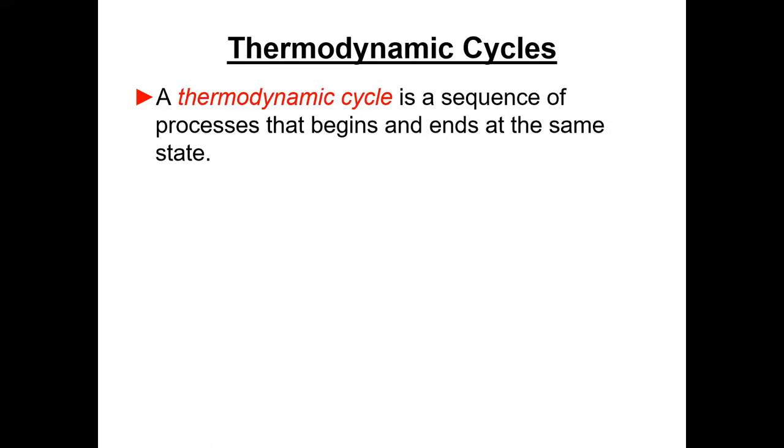Okay, so when we say cycle, in thermo, a lot of these words are like code words. You see cycle, you immediately think, starts and ends at the same point. That's why when you first come in here, you just don't know that because you haven't run into it.